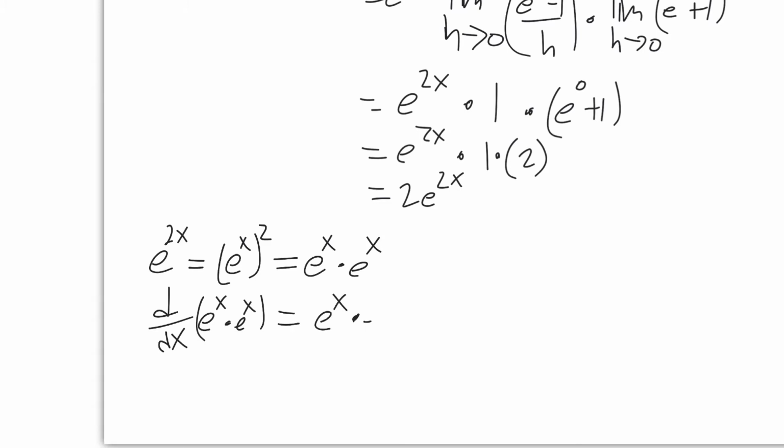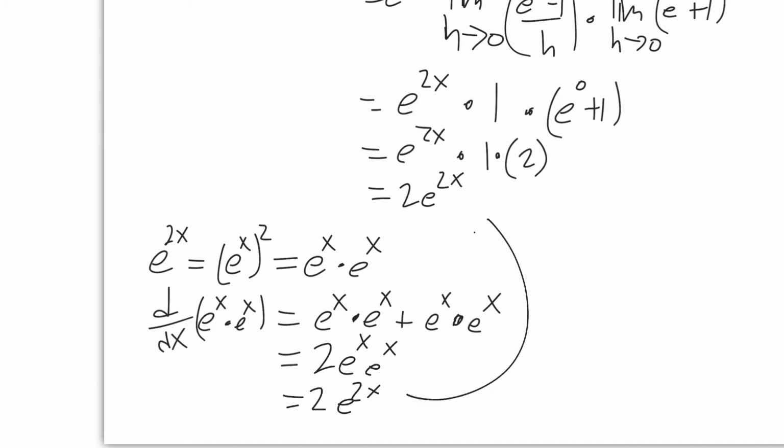Derivative of the first, leave the second alone, plus leave the first alone, derivative of the second. It's hard to see that you're actually doing derivatives because the derivative of e to the x is just e to the x, but here you go. We've got 2 e to the x, and x plus x, of course, is 2x using exponent rules. So this is the same either way.